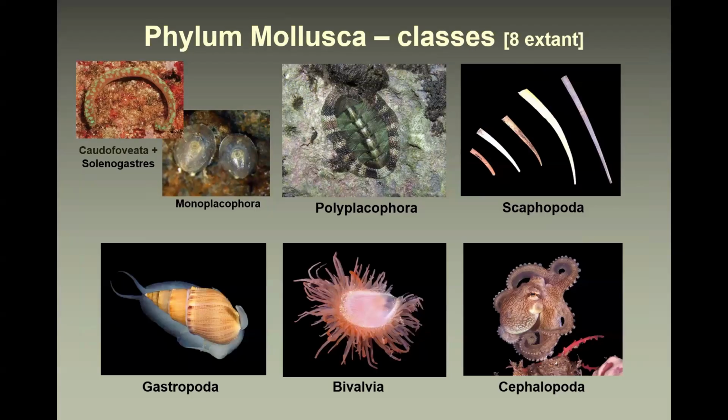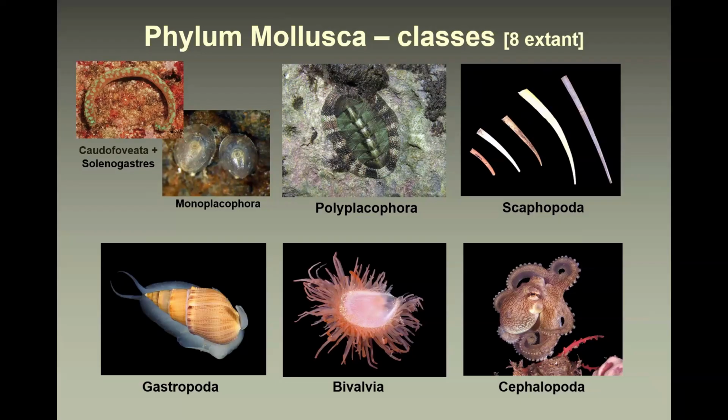So looking at the mollusk fauna of South Africa as a whole, we really only have representatives of the Polyplacophora, scaphopods, gastropods, bivalves, and cephalopods. There are no recorded species in these classes over here.